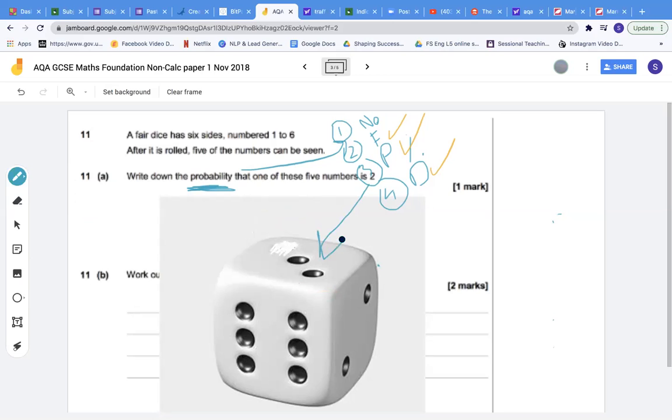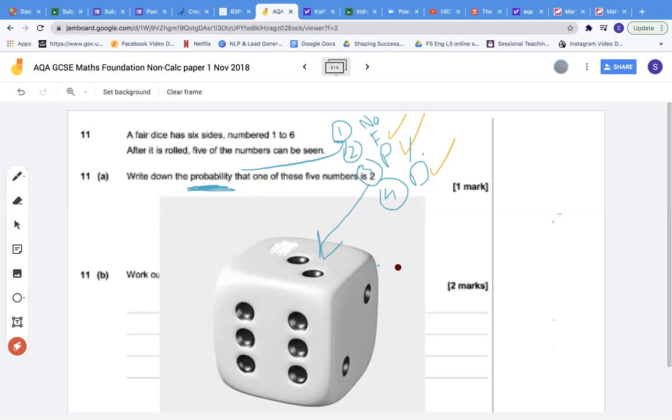Now, the probability that one of these 5 numbers is a 2 has to take into account how many numbers you're going to have. There's a chance that the 2 is going to be here.